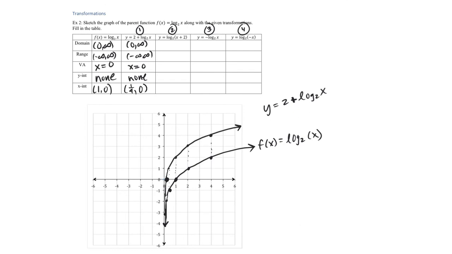All right, so now let's look at this next one, when we're adding 2 inside the argument, and that is going to be our horizontal shift. Okay, so we've got our original, and we're just going to shift everything to the left. I'll do this in green. This was over at 1/4, -2.